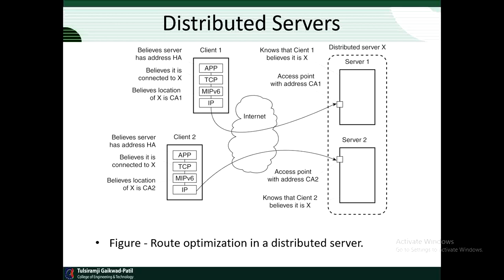Eventually the client is made to believe that the care-of address, that is CA, is CA1, which will allow C1 to store the pair, that is HA1 and CA1.